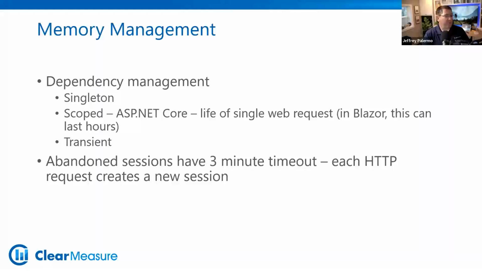Okay. Now, in Blazor server side, there is an abandonment logic, and the server will keep all of the memory of a user session for 3 minutes until it can't find that user anymore, and then all that memory will be cleaned up. On smartphones especially, if someone is browsing a URL and it has Blazor server side in it, and then they turn off their phone and put it in their pocket, well, the smartphone is going to hibernate that browser, and it's going to be disconnected from the network.